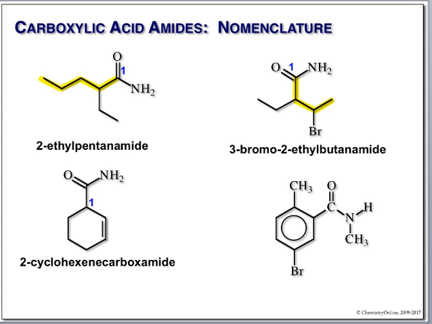And finally, over here, this is going to be a derivative of benzoic acid. We're going to call it a benzamide. It's a derivative of benzoic acid. In fact, the lab we do next week is called benzamide. We're going to make it by a very simple reaction.